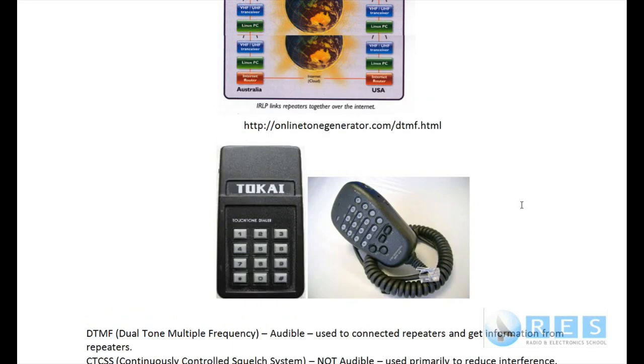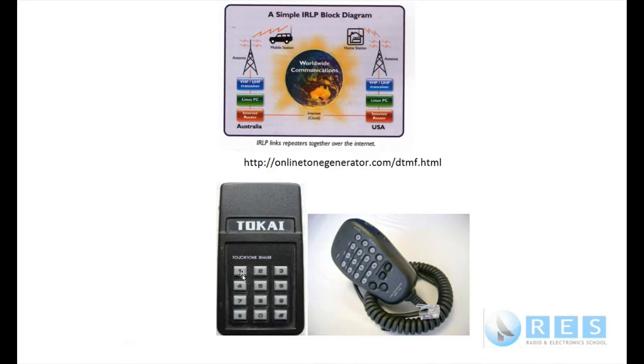For an IRLP contact, if you've got an IRLP repeater and you want to connect it to a repeater in another overseas country, you have to look up the code for that repeater, transmit to your own repeater, type in the 4-digit code for the repeater in another country, and they are linked together, and then you can communicate on VHF between those 2 countries. Most modern amateur radios come with a DTMF pad built into the microphone like this one here. If you want to play with a tone generator online, there's a tone generator there that makes DTMF tones.